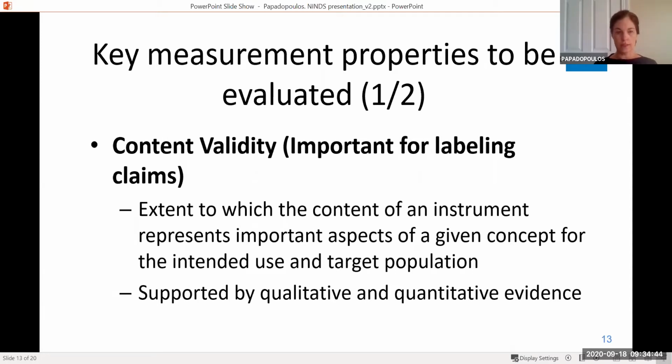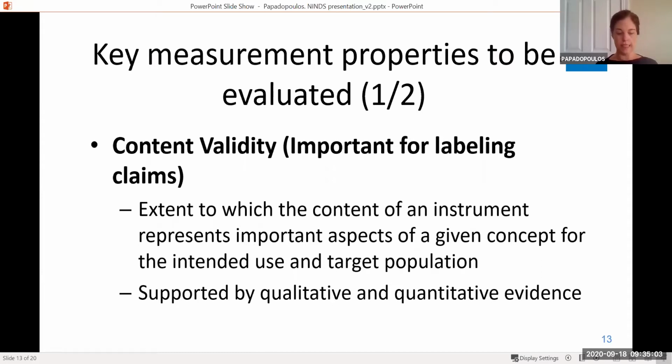We start with content validity, which is defined as the extent to which the content of an instrument represents important aspects of what it claims to measure, that is to say, the concept, in that intended use in patient population.